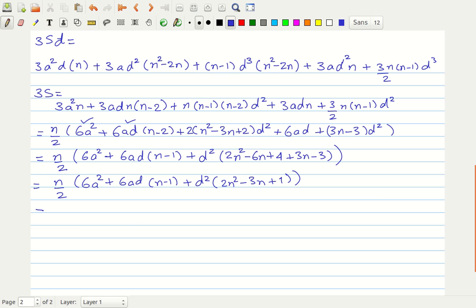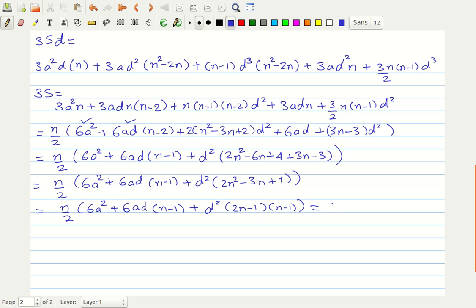And this means that this is n by 2 times 6a square plus 6ad times n minus 1 plus d square times 2n square minus 3n plus 1. Now you can see that 2n square minus 3n plus 1 can also be factorized, right? This can be factorized as 2n minus 1 times n minus 1, and this is what we will get as the expression for 3s.